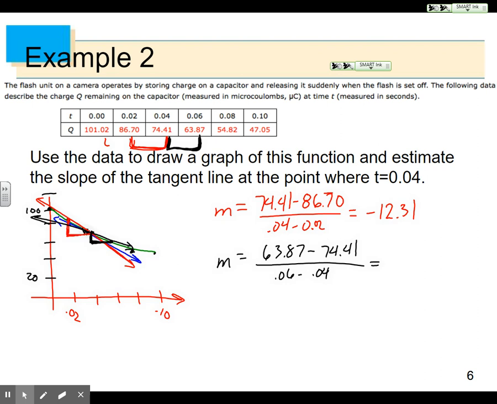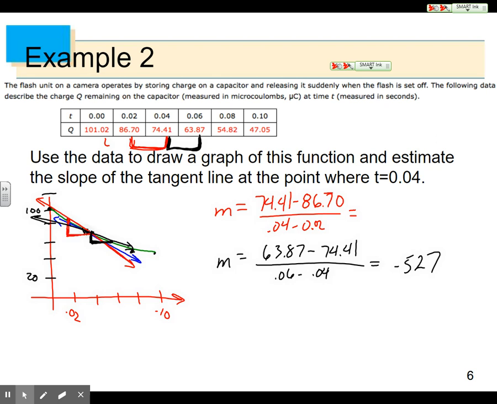Divide by 0.02. That's way too big. 63.87 minus 74.41 divided by 0.02. Maybe my last number wasn't big enough. This is negative 527. Let me go back and do this math real quick. I bet you I've divided by 0.2 instead of 0.02.